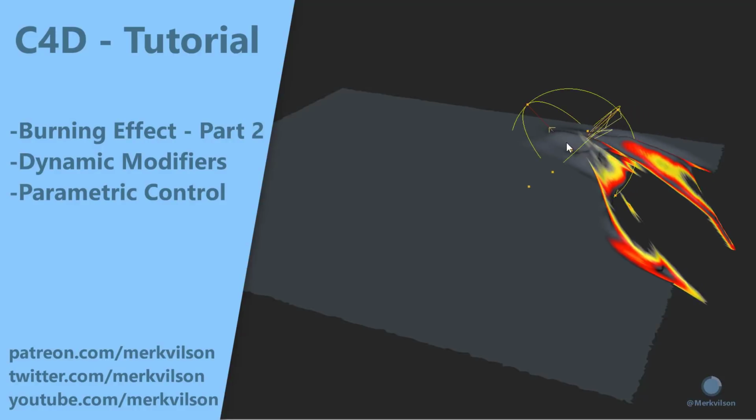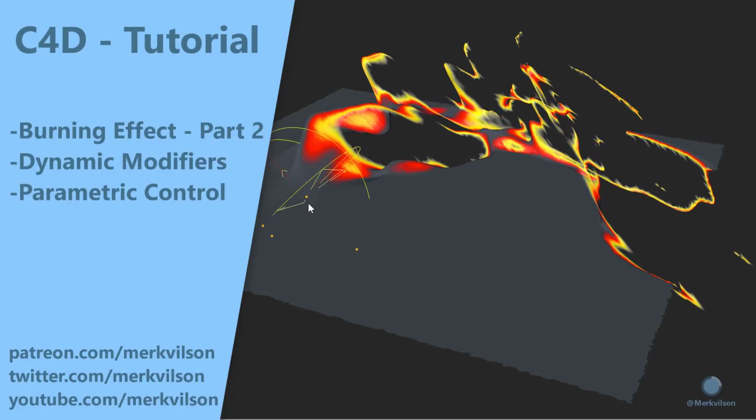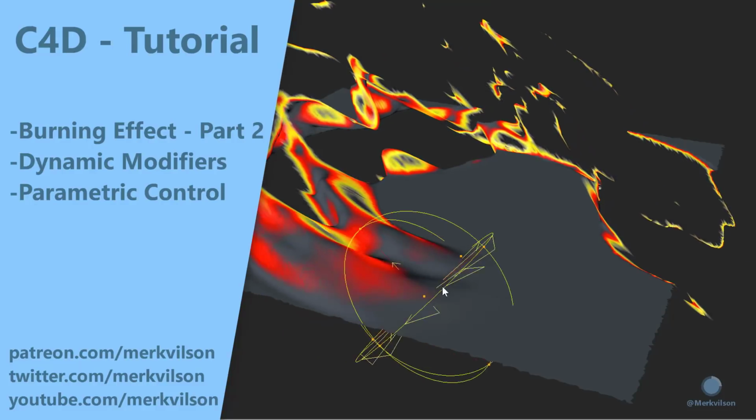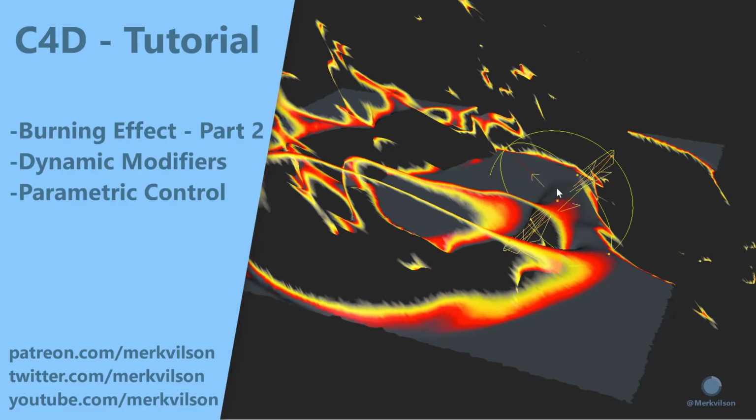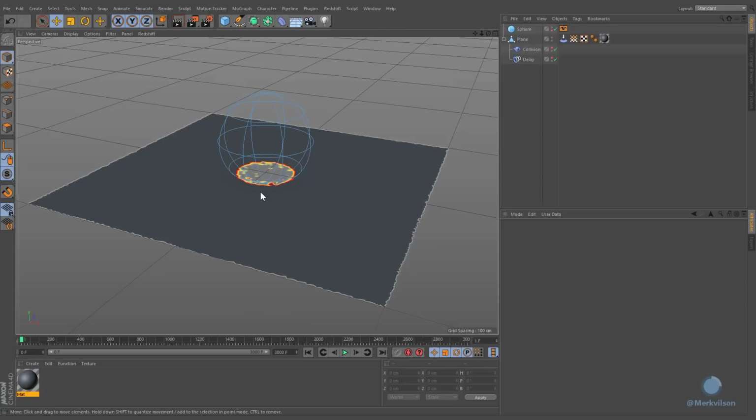In the second part of this tutorial, we will apply dynamic modifiers in order to get a more realistic burning effect. First of all, we have to deactivate all unnecessary components and apply Jiggle Deformer.